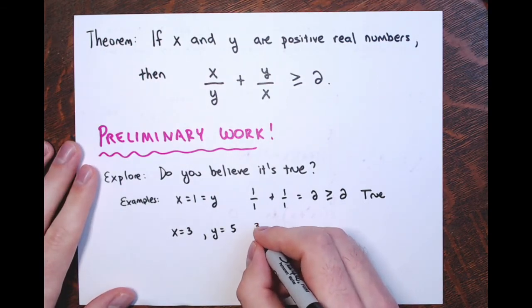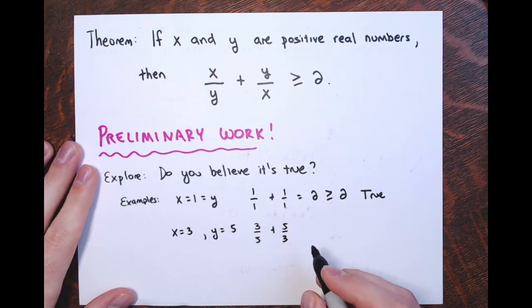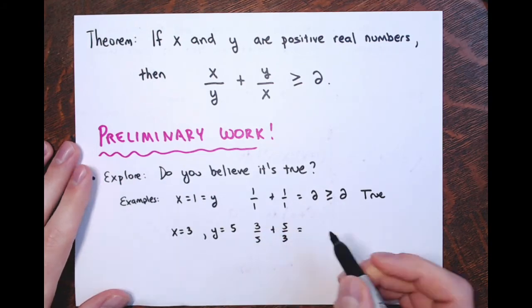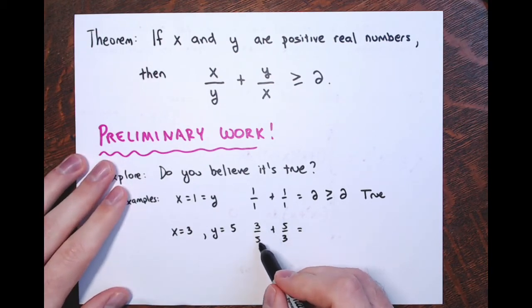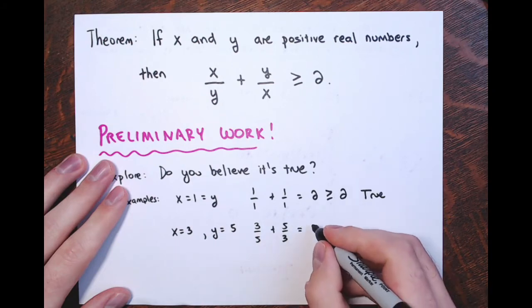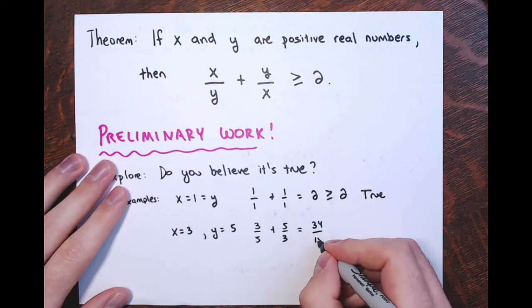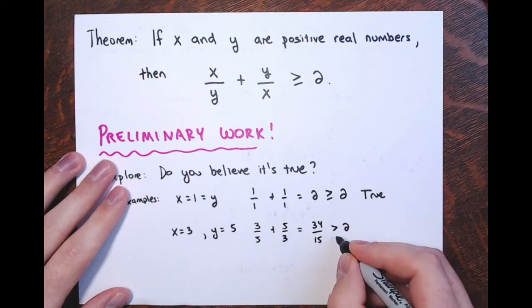Then 3 divided by 5 plus 5 divided by 3. If you put this together, get common denominators and all that, this would be 9/15 plus 25/15. 9 plus 25 is 34/15, and that's greater than 2, right? This is 2 and 4/15, so it's definitely greater than or equal to.